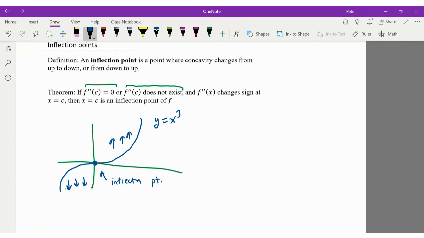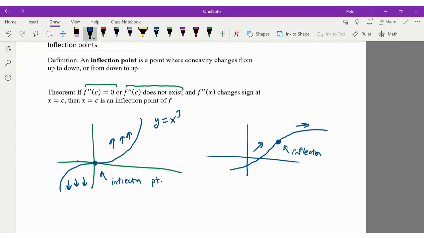There are other examples of this. This is kind of a case where the function flattens out, but you don't always have that. You may have something more like this. Actually, let me draw it like this. There we go. So we probably call that an inflection point. And if you notice, this function is increasing even across its inflection point. So increasing or decreasing really has nothing to do with concave up or concave down.